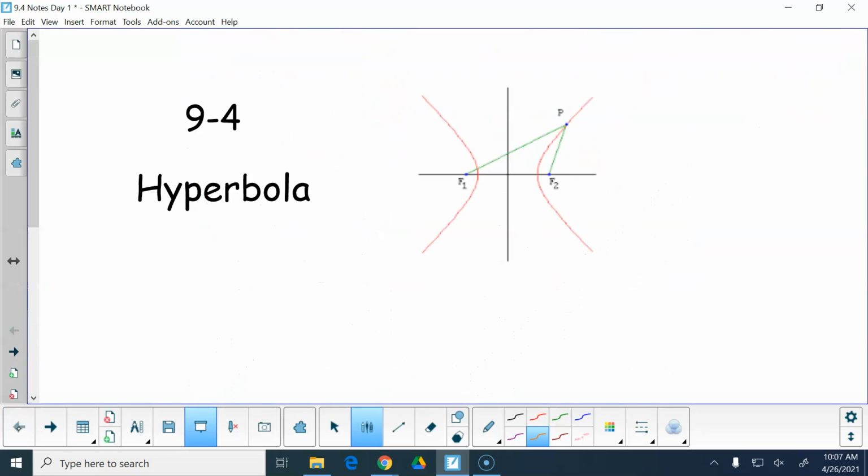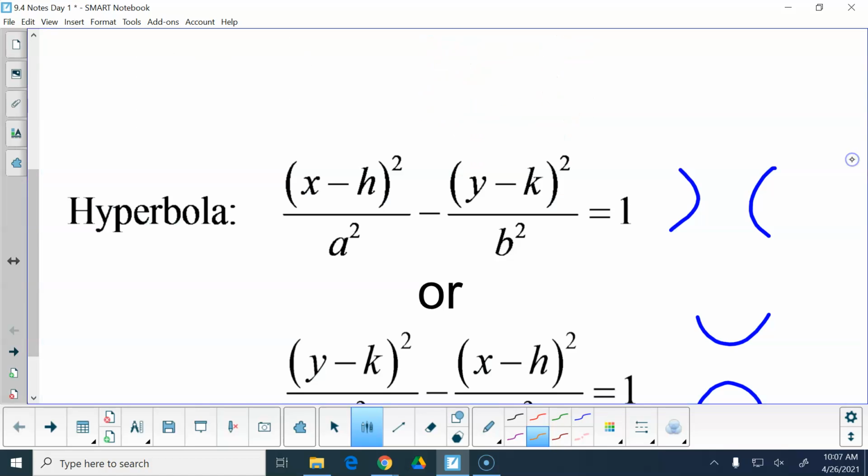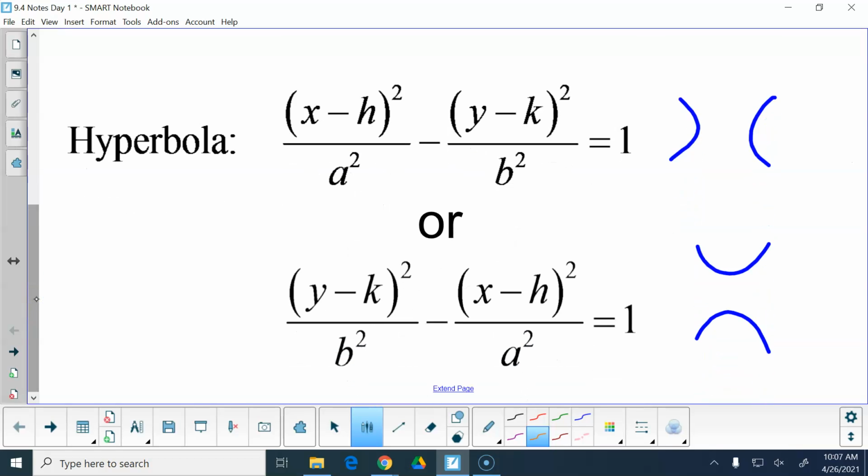Oh, I know what, we gotta go back here because down here are the equations of a hyperbola. They are different. If you'll notice, the left-right opening hyperbola equation has the x in front of the subtraction sign and the y behind it.